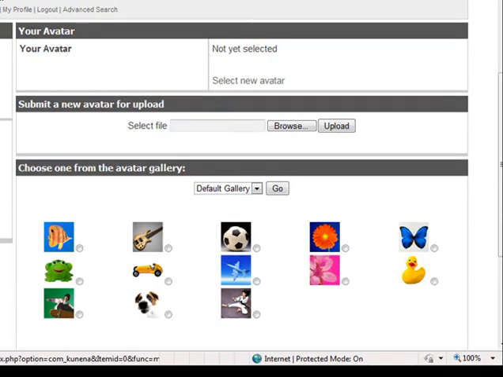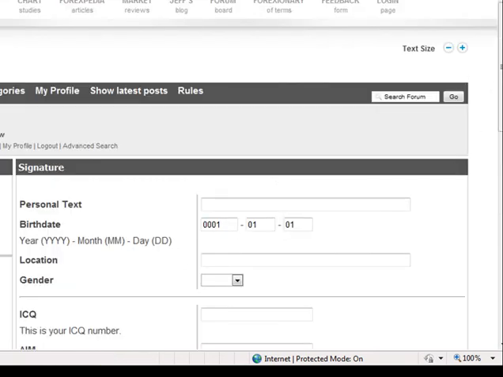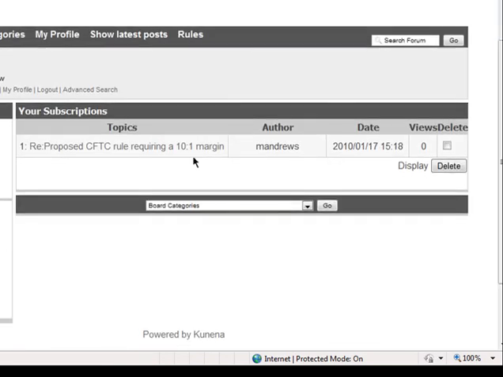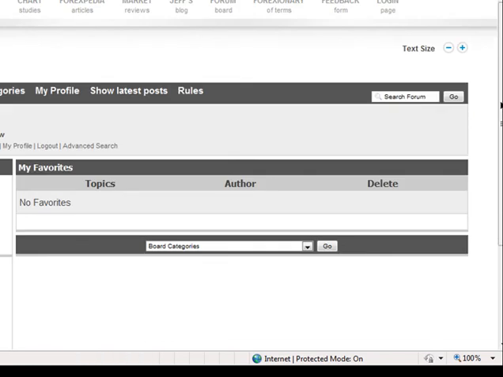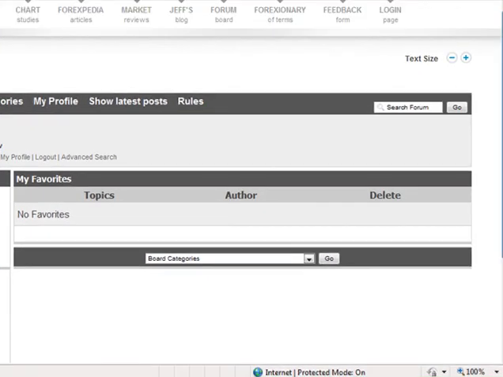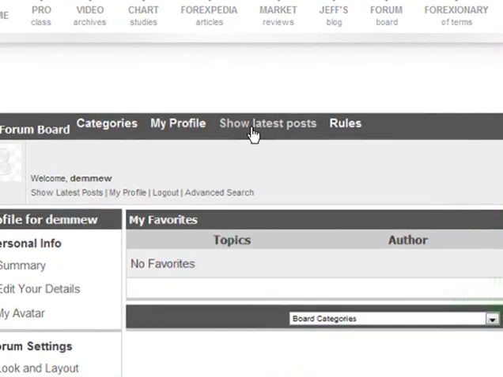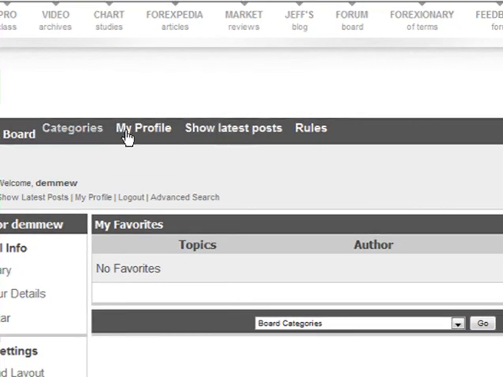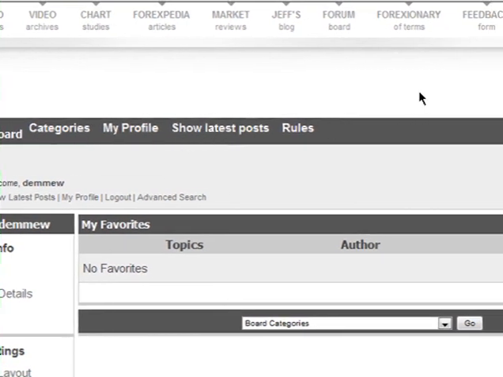So the next items, the profile information, we already saw that. And then also a list, and people can see what I'm interested in because I list here what I'm subscribing to. And my favorites, I don't have any right now. So now the key thing that you want to do every day, because people get a little confused with all the different forums, is go to, you see across here, show latest post.